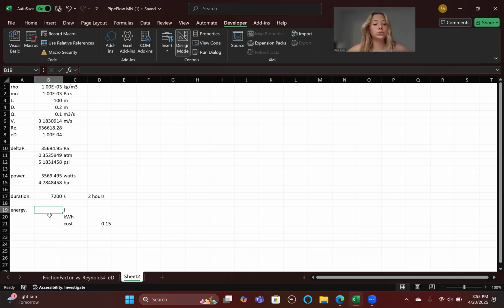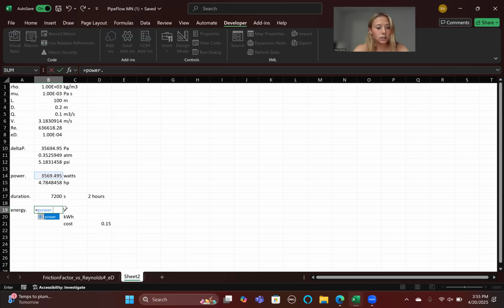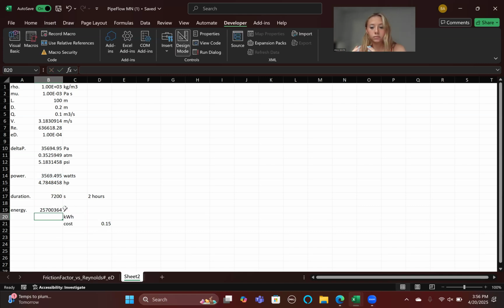Finally, we're going to calculate the energy, because the energy is related to the cost. So we need to find the energy to find the cost. Okay, now to get our joules, it is going to be equal to power times duration. Then we calculate the kilowatt hours.